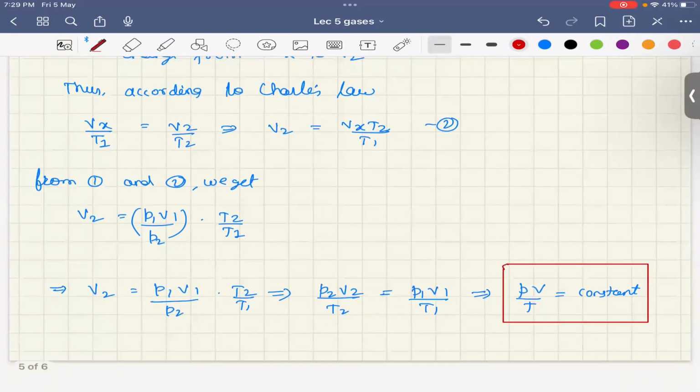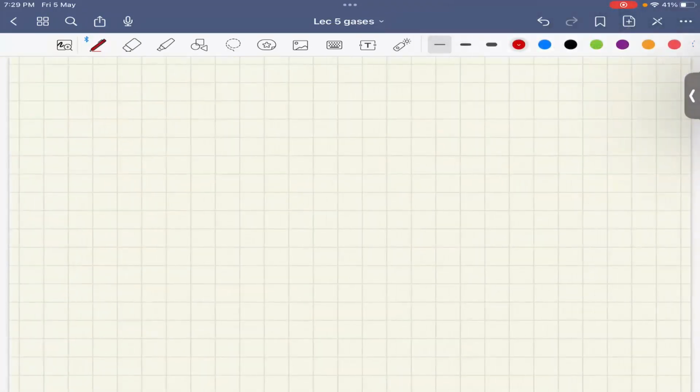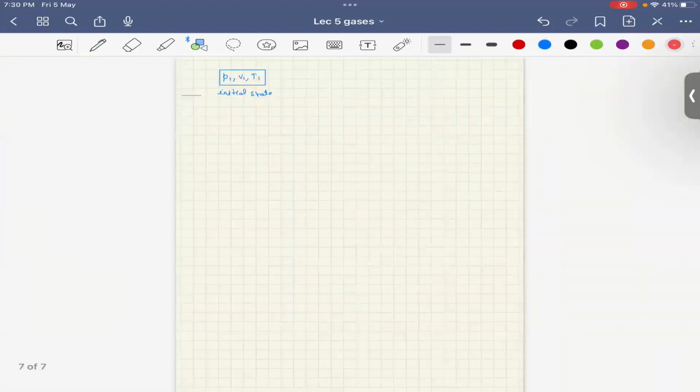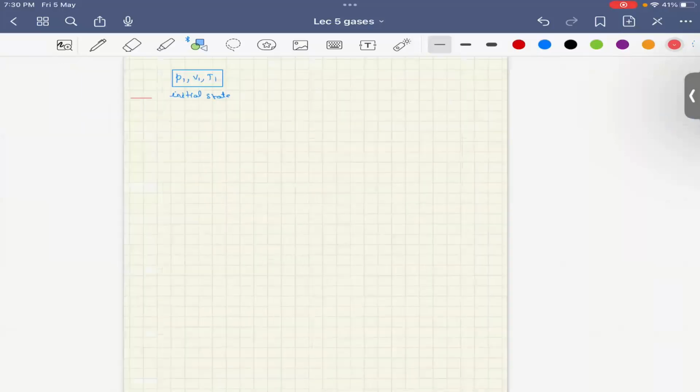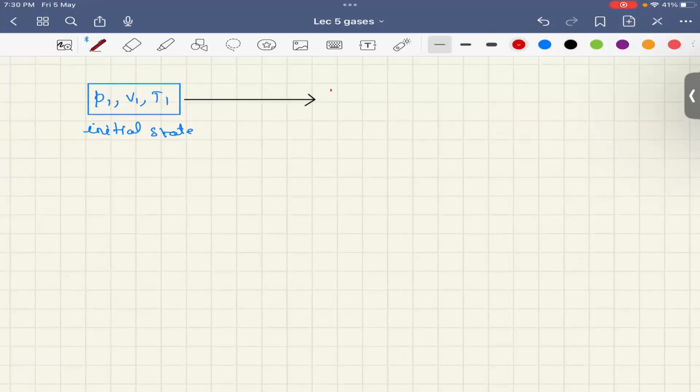So in a diagrammatic fashion, we can show the process which we have followed. This is P1 V1 T1, which was the initial state. Now we want to go from this initial state to a final state of P2, V2 and T2.